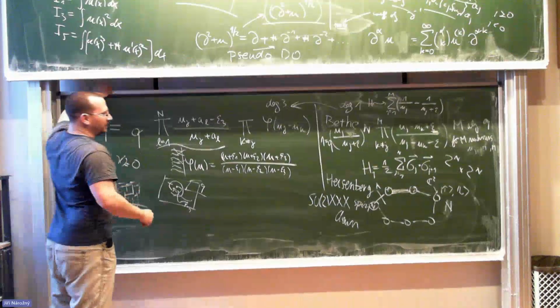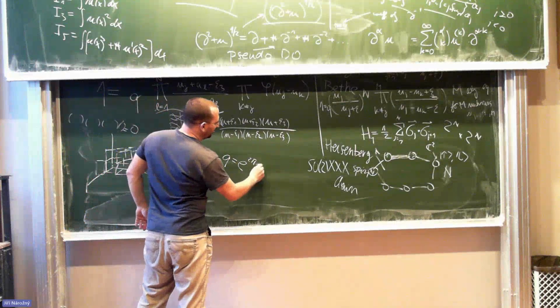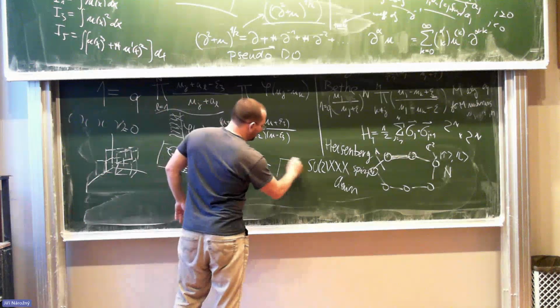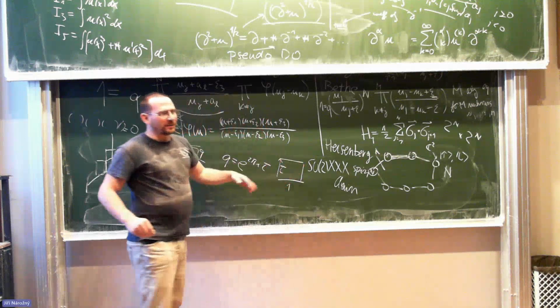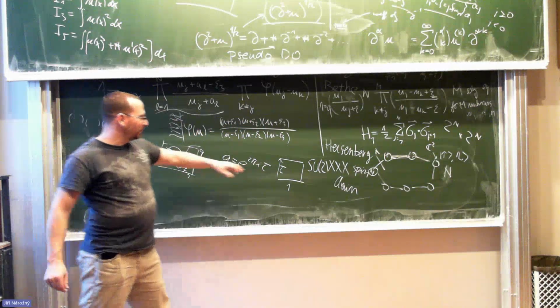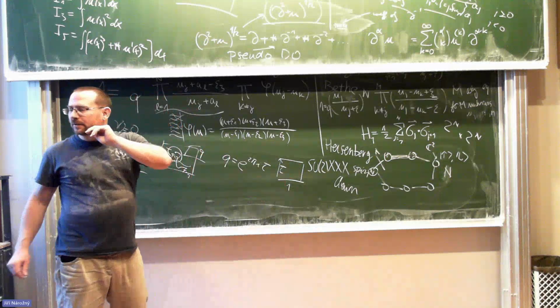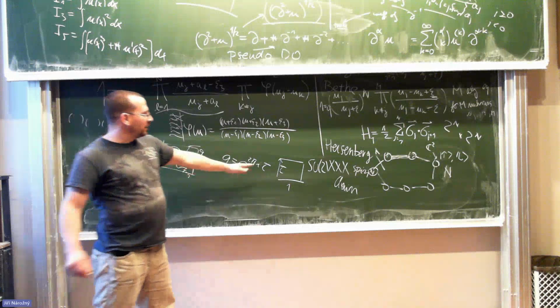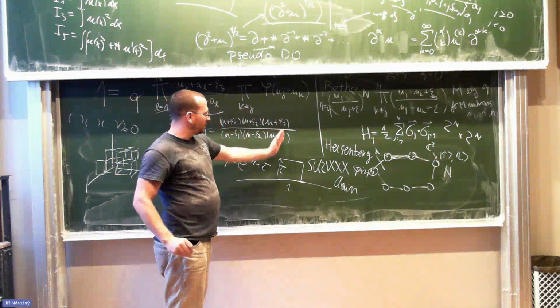So if I write q as e to the 2 pi i tau, where tau is the shape of the complex torus, the modulus of this genus one. Tau is in the upper half plane, yes. This is the real axis, and this is the upper half plane.